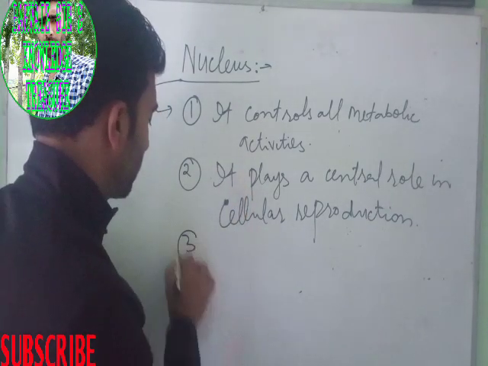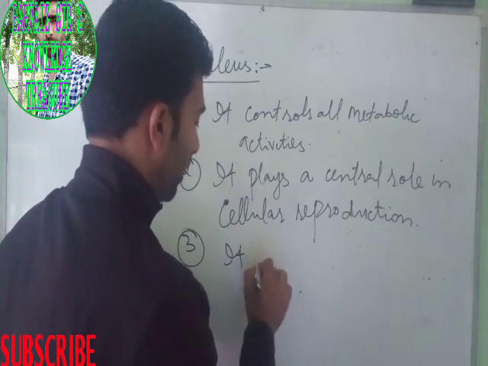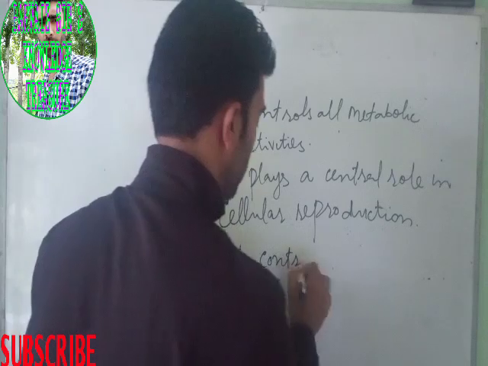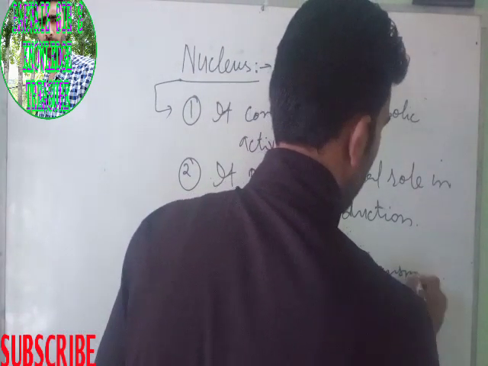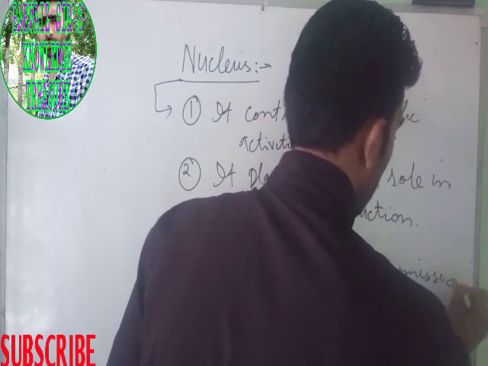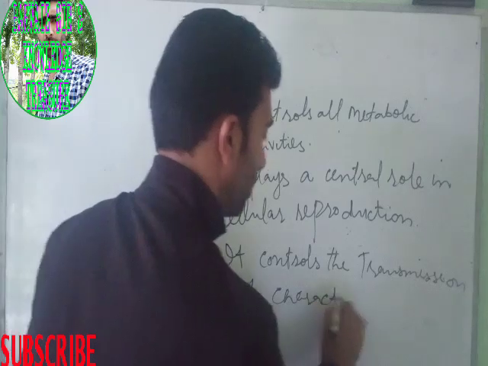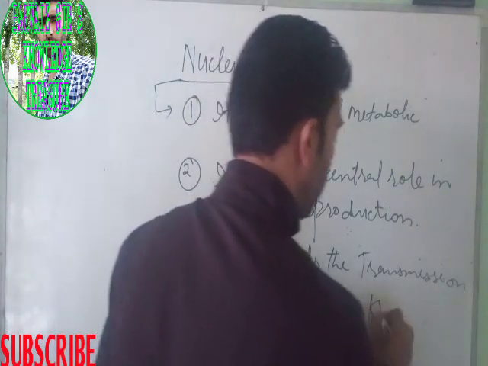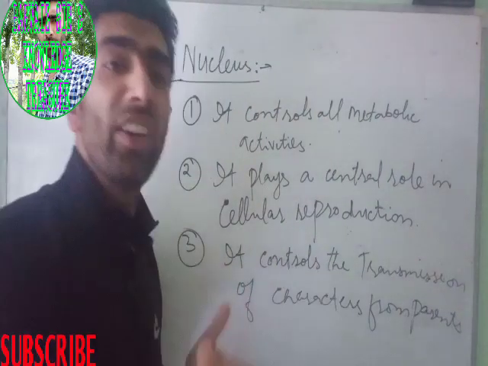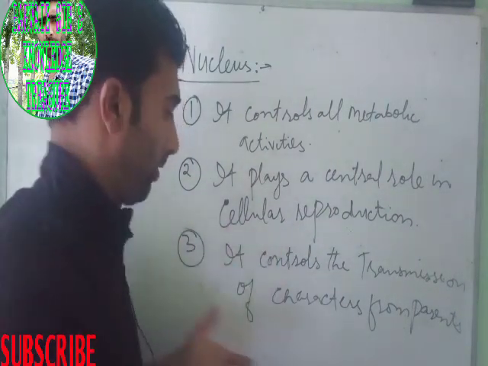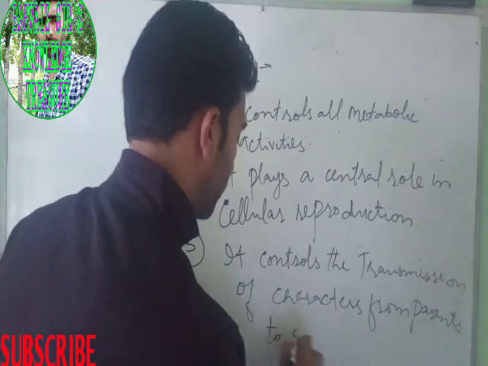Number 3, it controls the transmission of characters from parents to offspring, or we can say from one generation to another generation.